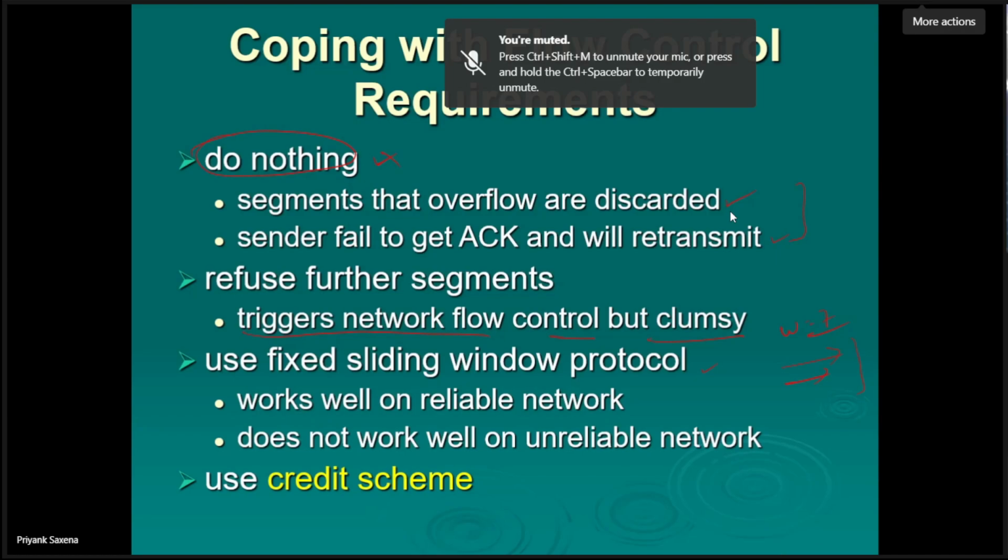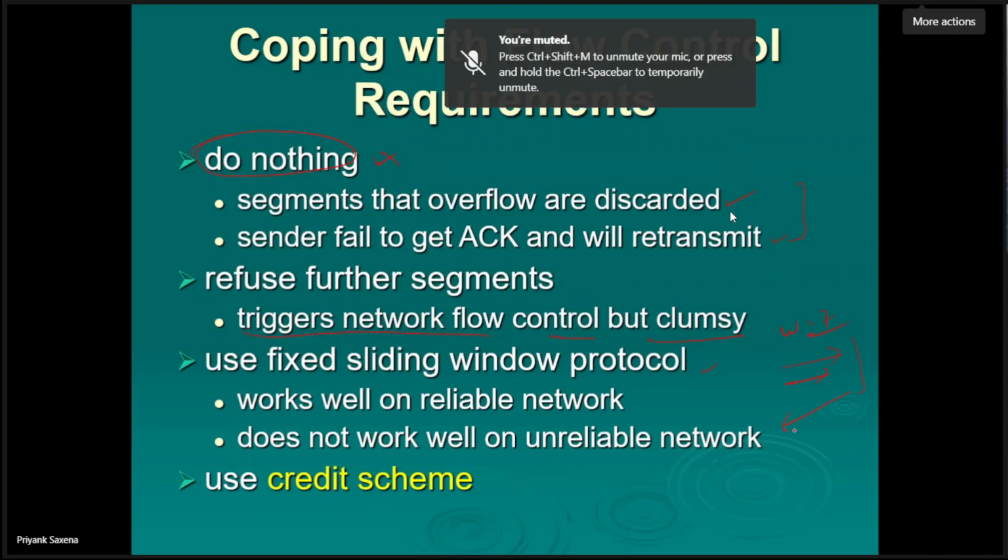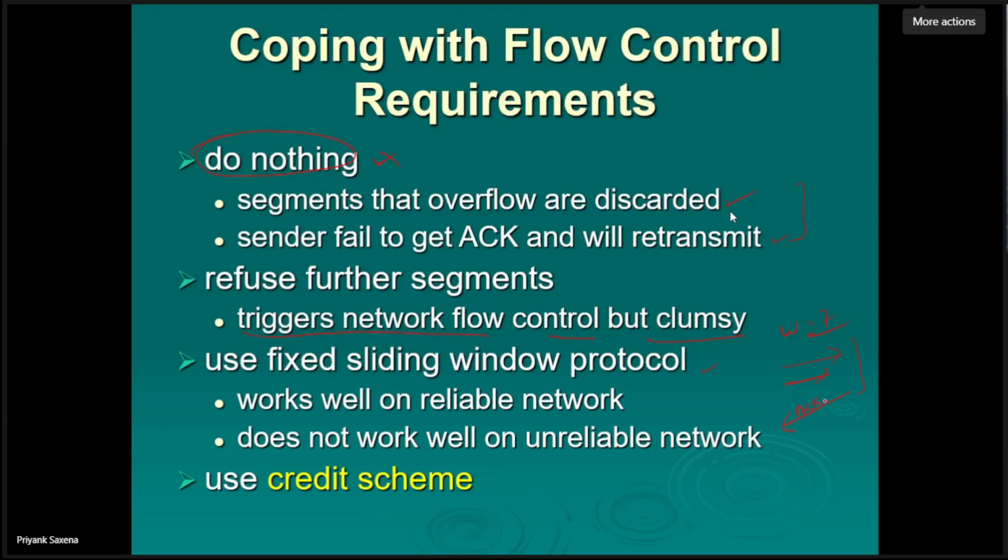Or the receiver has acknowledged, this is an ack, but this eventually didn't reach the source, let us say. Then what will happen? The source will get timed out. If this acknowledgement doesn't reach the source, it will get timed out and it will retransmit all the segments again, assuming that the segments are lost.